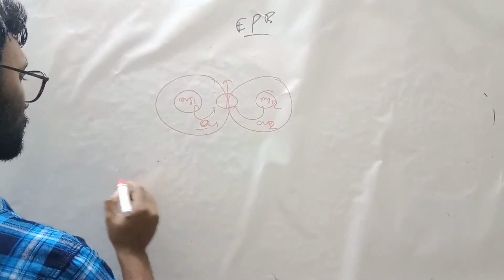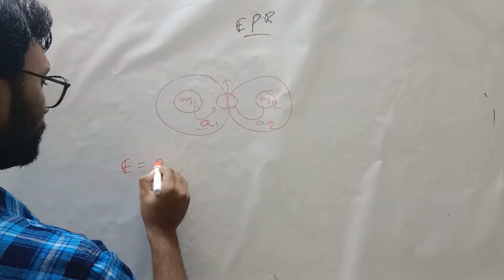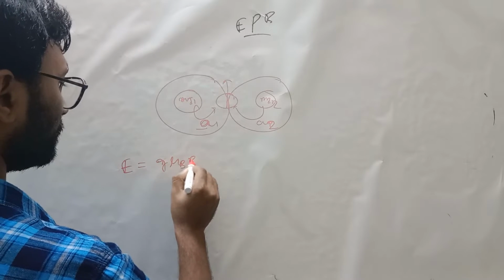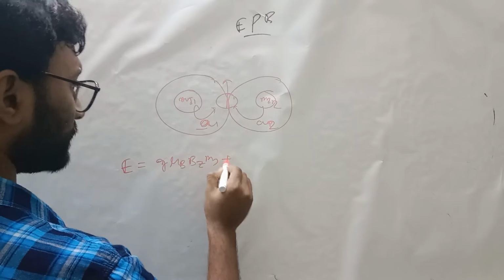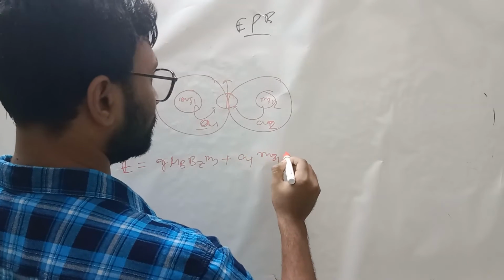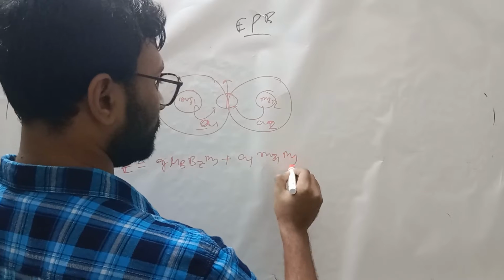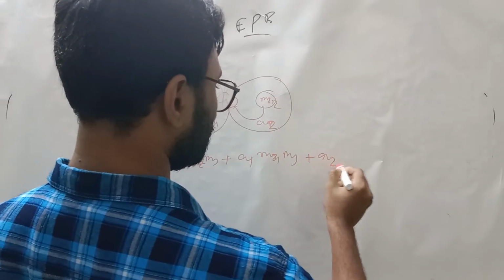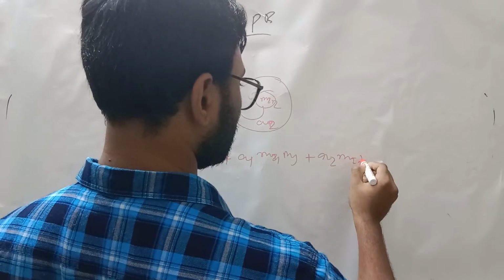Understood? So what will be the energy? Energy will be g mu B B ms plus A1 mI1 ms plus A2 mI2 ms.